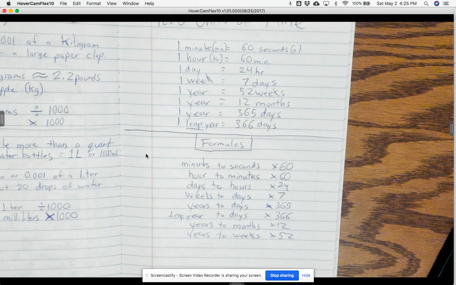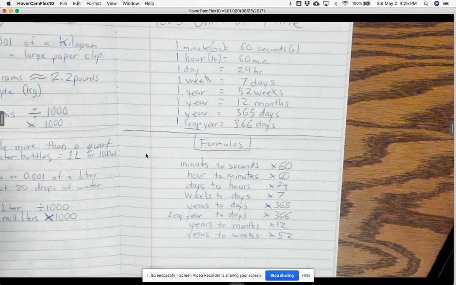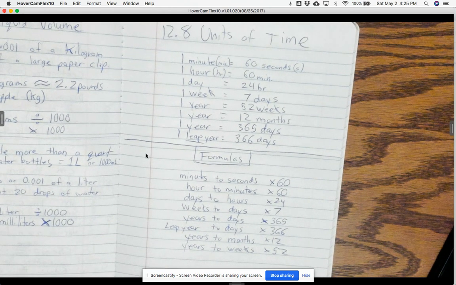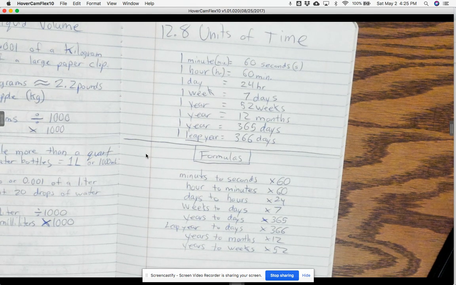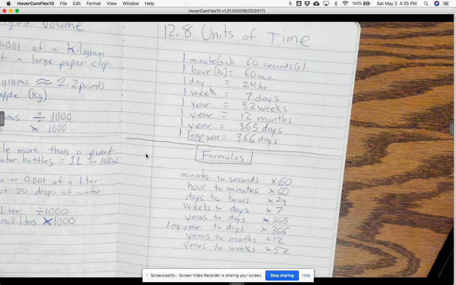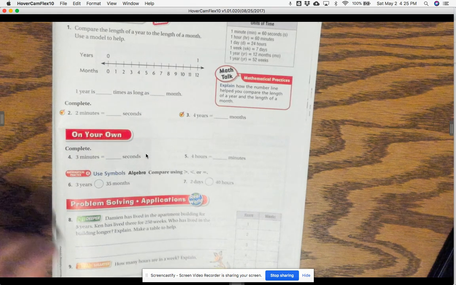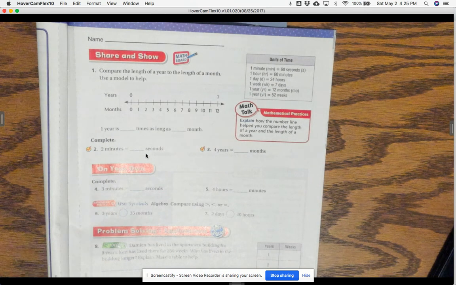So head over to Online Math Book. Should sync up pretty well with the actual book that I'm going to be using. Again, if there's anything that's dramatically different and what we do in the book does not translate, you are welcome to skip that particular problem. All right, so let's take a look here.